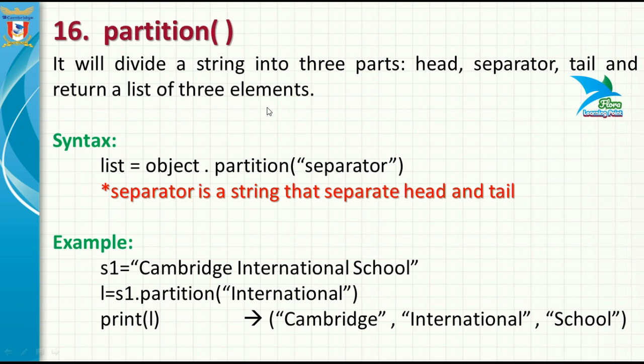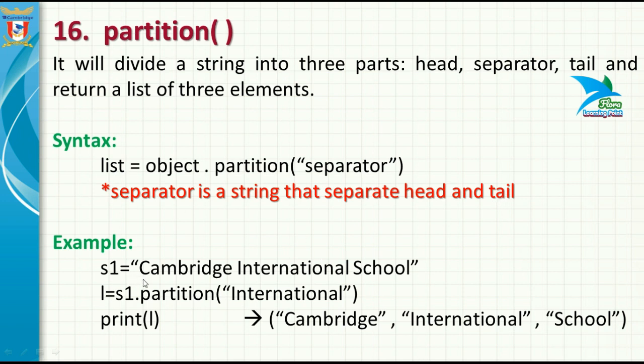So it will return a list that contains three elements: first element is head, second element is separator, and third element is tail, the part after the separator. Head means the part before the separator, and tail means the part after the separator. The parameter to this function is a separator. Separator is the string that separates head and tail.